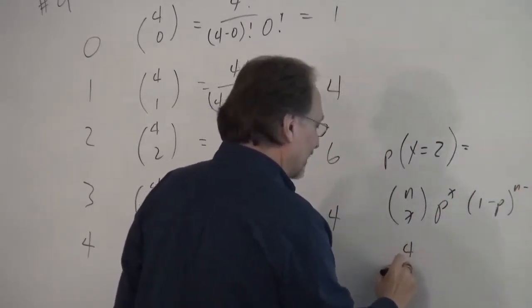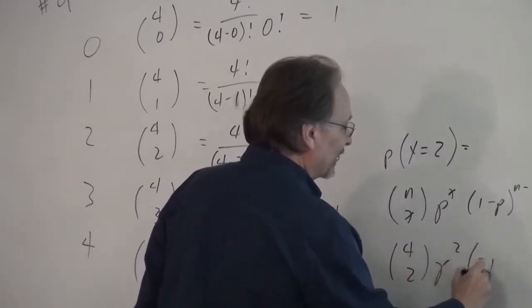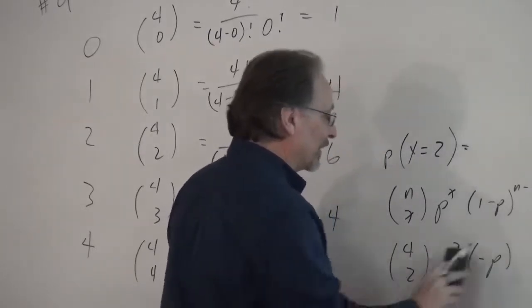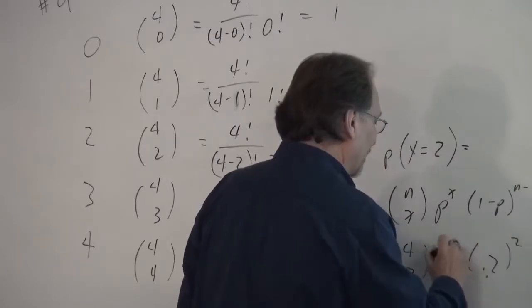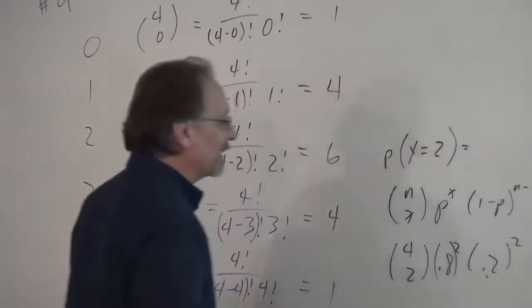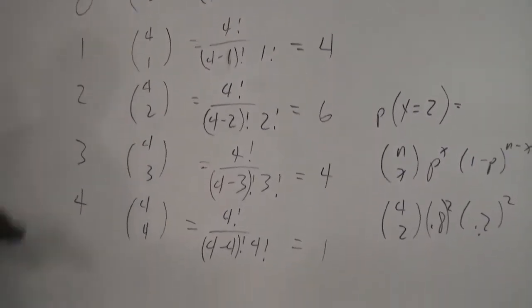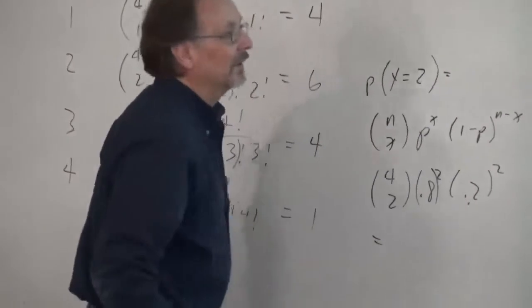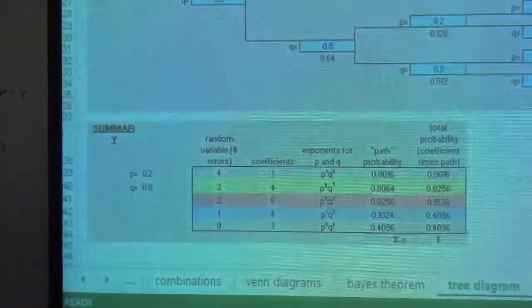So that's 4 objects taken 2 at a time, p squared, and 1 minus p, and p in this case is 0.8, and 1 minus p is 0.2, squared. So 0.8 squared times 0.2 squared times 6, since 4 objects taken 2 at a time is 6, and you should end up with this 0.1536.